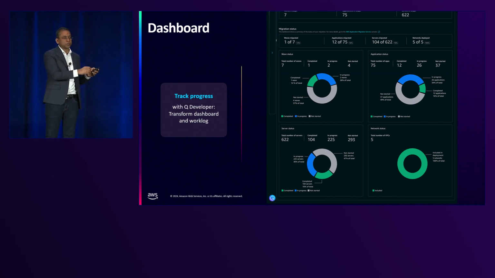Besides this visual dashboard, you also have visibility of all the actions that agents have performed and all the actions that humans have performed in chronological order. So that is a workload which is available.